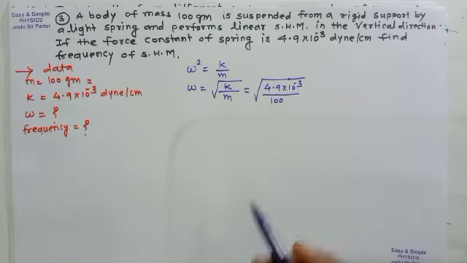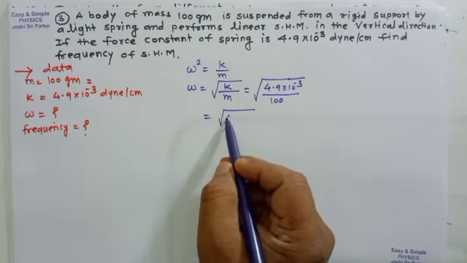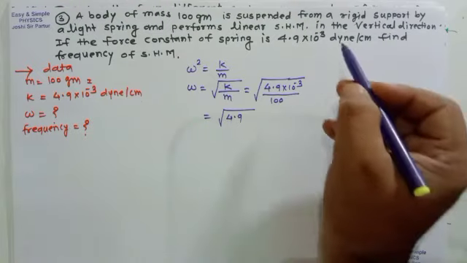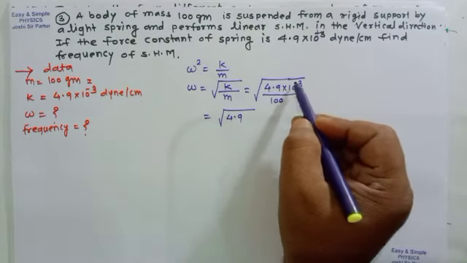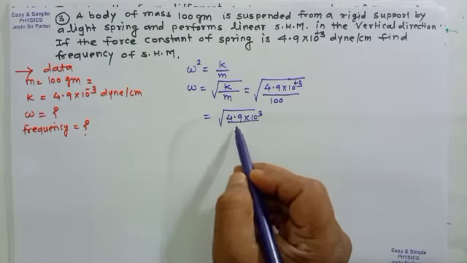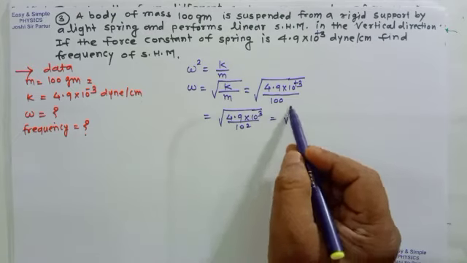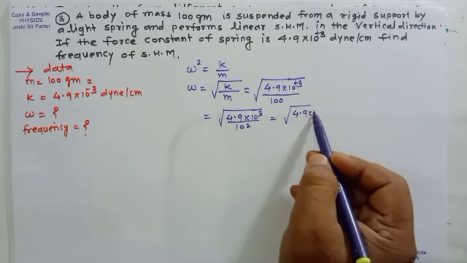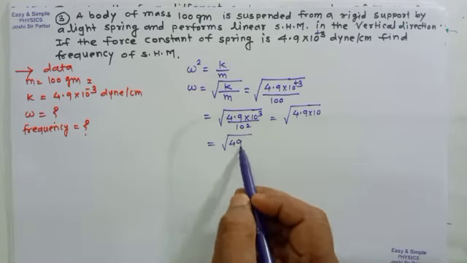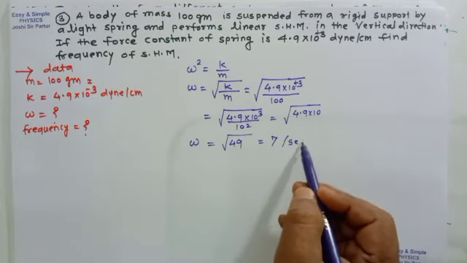What happened? 10 raised to 2 is shifted to the numerator, so it becomes 4.9 into 10 to the power plus 3 upon 10 to the power 2. If we shift the 10 raised to 2 to the numerator, it becomes 4.9 into 10, that will be 49. So square root of 49 will be 7 per second.